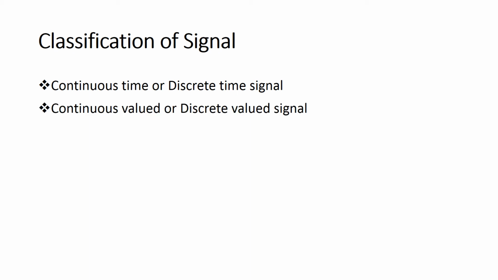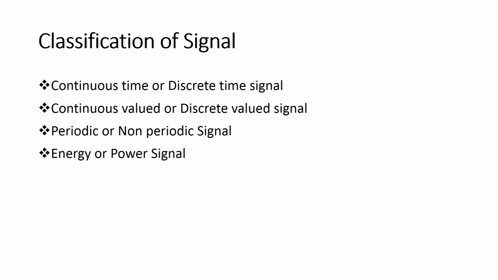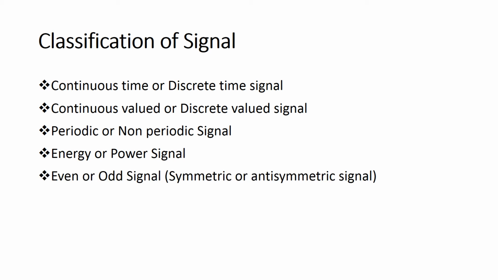Then classification of signals. There are different classes of signals like continuous time signal, discrete time signal, continuous valued signal, discrete valued signal, periodic signal, non-periodic signal, energy signal or power signal, even signal or odd signal, sometimes called symmetric or anti-symmetric signal.